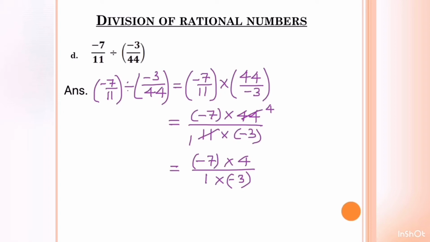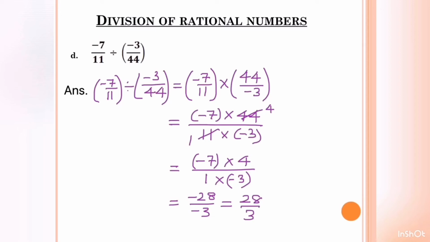This expression is equal to minus 7 times 4 is minus 28 by 1 times minus 3 is minus 3. Now, minus 28 by minus 3 is a positive rational number since the numerator and denominator have same signs. So this expression is equal to 28 by 3.